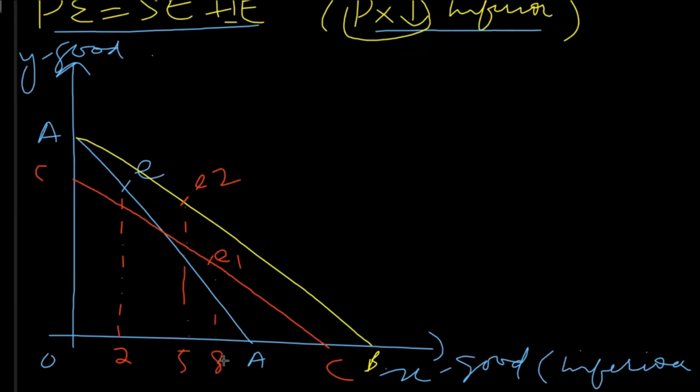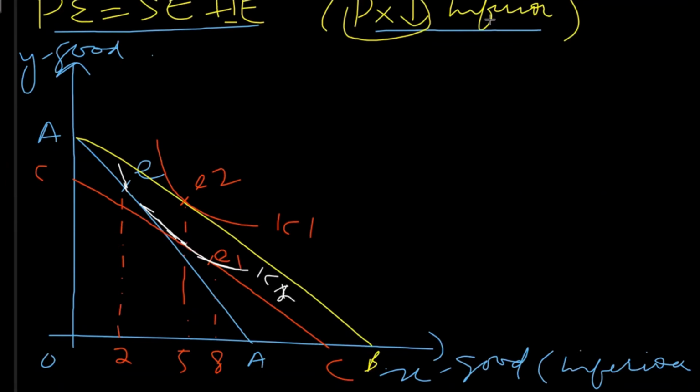And now we have to draw IC curves as well to show equilibrium, and this is, let's say, IC1, and we need to draw another IC curve which will make equilibrium with both budget lines AA and CC. We will make equilibrium initially at this point, and now we will extend it, and again we will show equilibrium at E1. This is, let's say, IC curve 2.